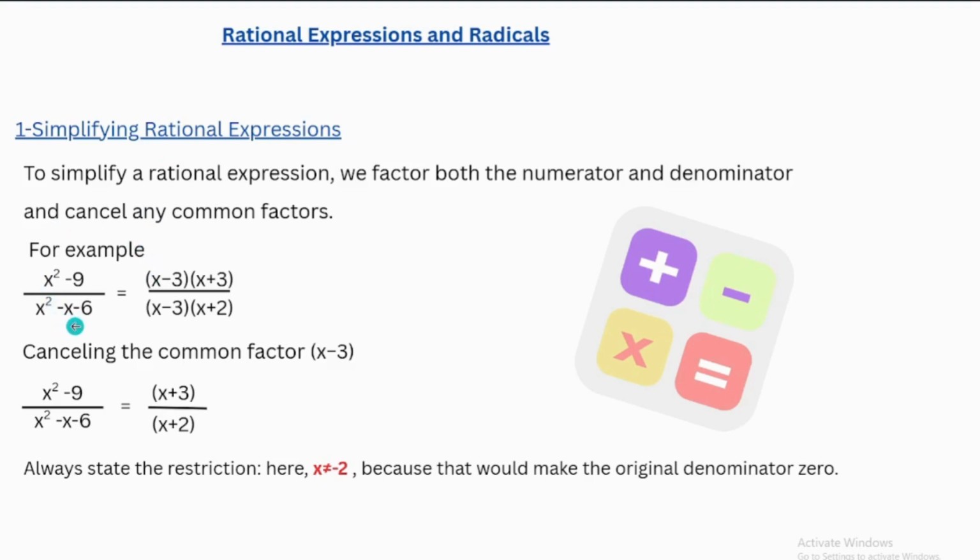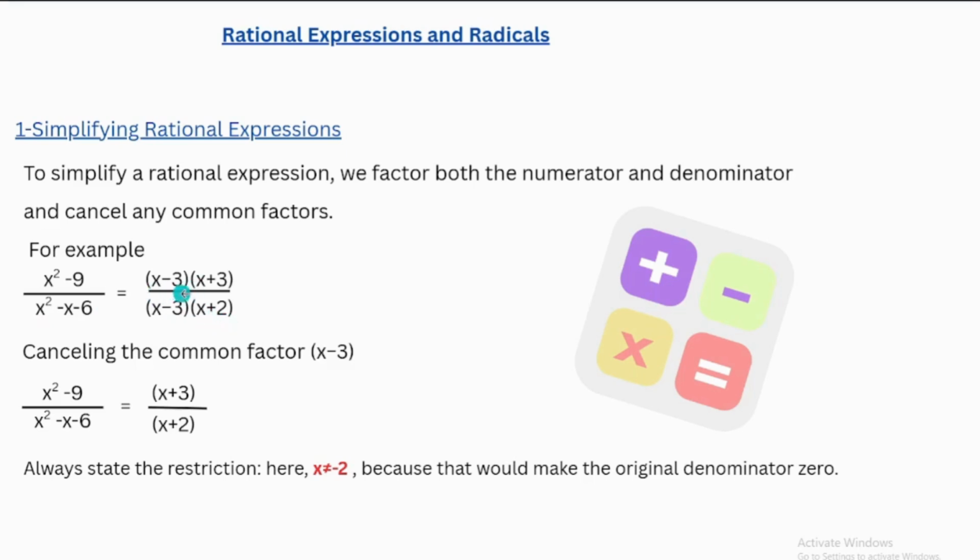To simplify this rational expression, we will factor the numerator. X squared minus 9 is a difference of two squares, so it's x minus 3 times x plus 3. We will factor the denominator. It is x minus 3 times x plus 2.